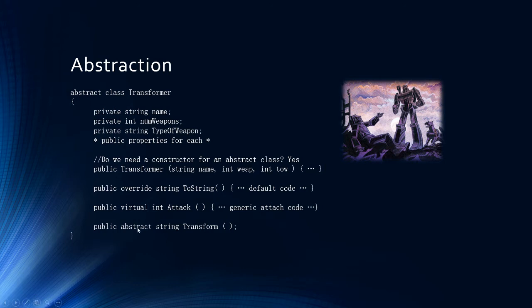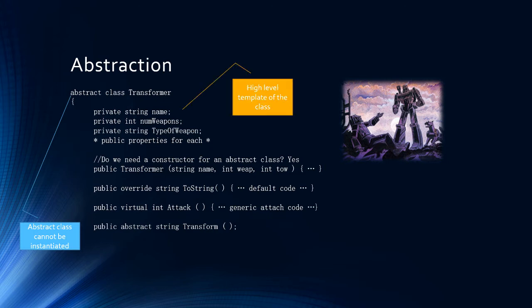It's been labeled abstract. It must be implemented by classes that inherit from this transformer base class. So our abstract class cannot be instantiated. It's like a high-level template of the class. We can override other methods, which is in effect polymorphism.